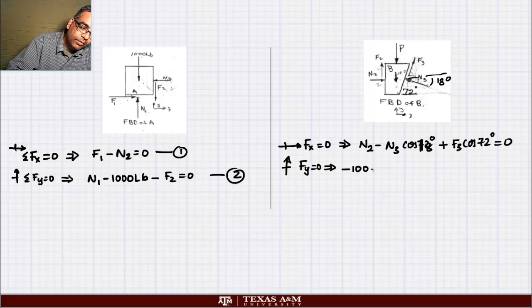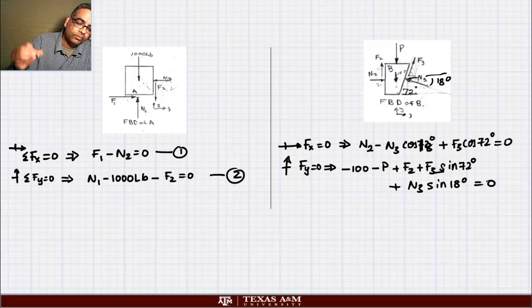Minus 1000 plus applied force P, minus P plus F2 plus F3 sine 72 degrees plus N3 sine 18 degrees equal to 0.